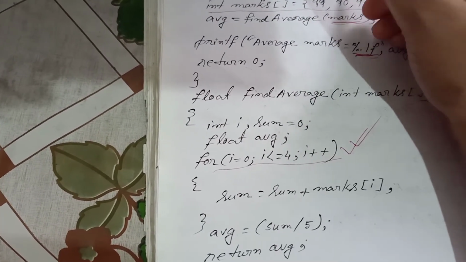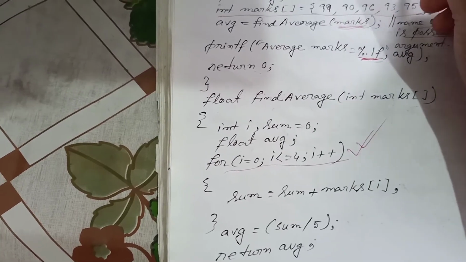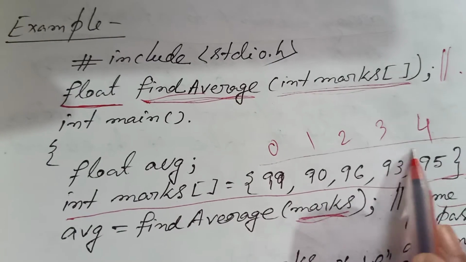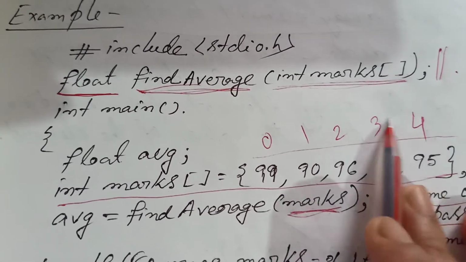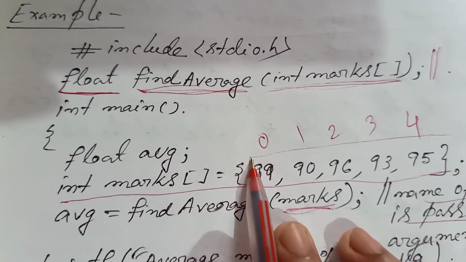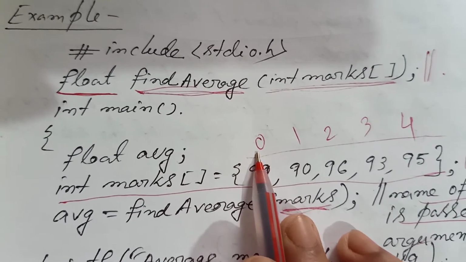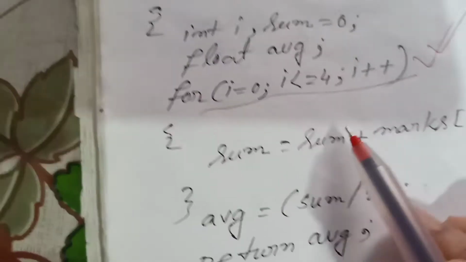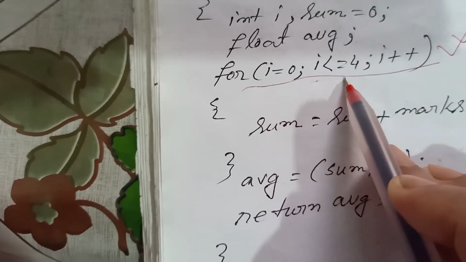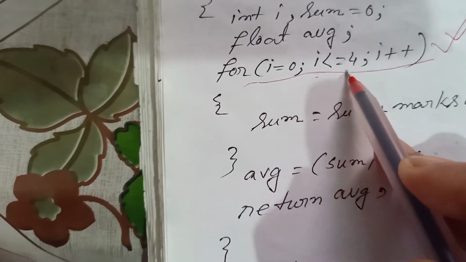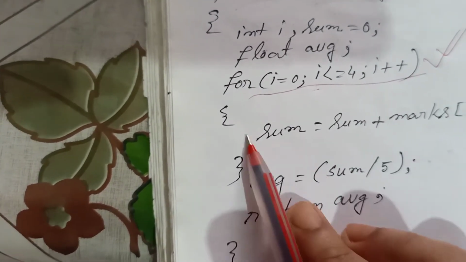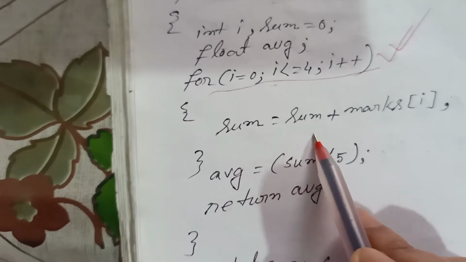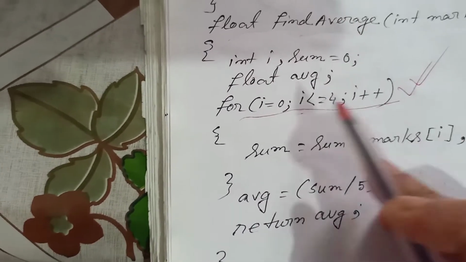So 0, 1, 2, 3, 4. 5 elements are declared in this way, and the index starts from 0. That's why the condition runs with i less than or equal to 4, i plus plus, and the calculation within the loop is sum equal to sum plus marks i.